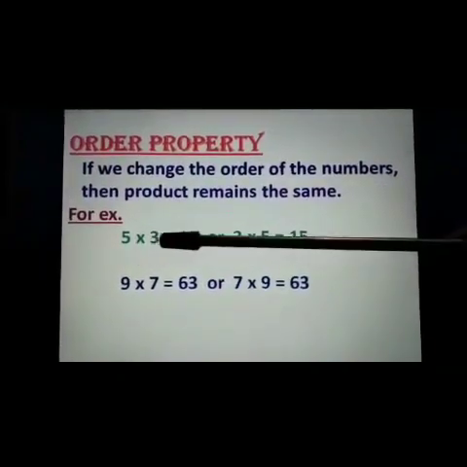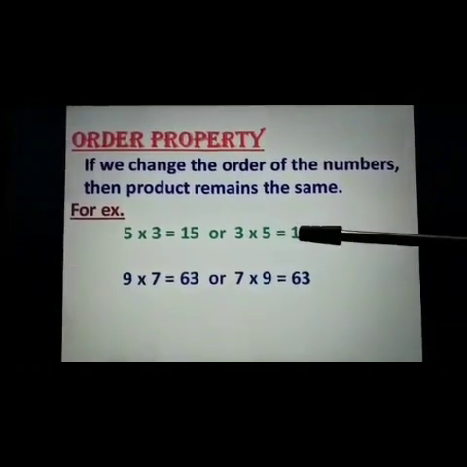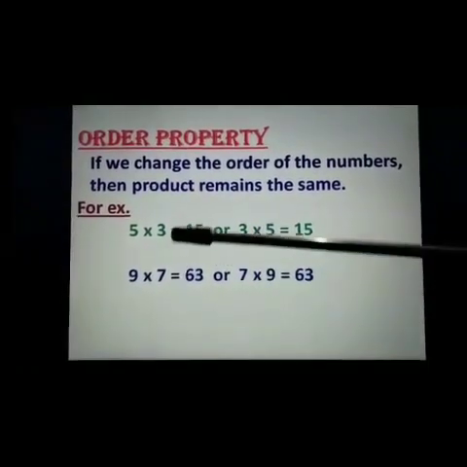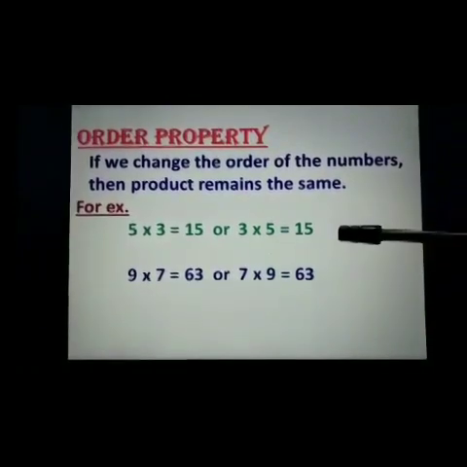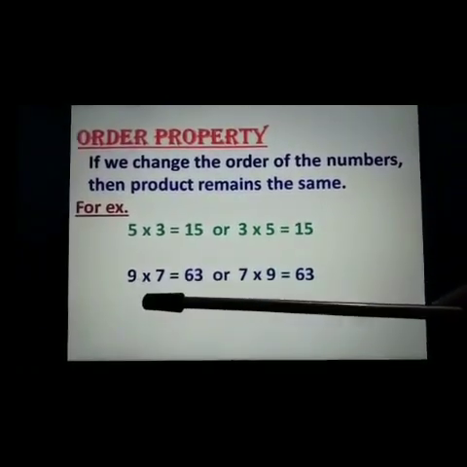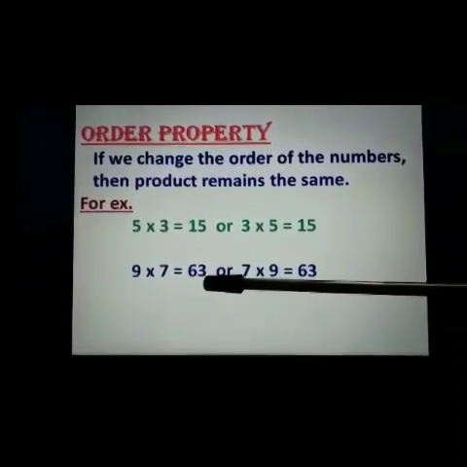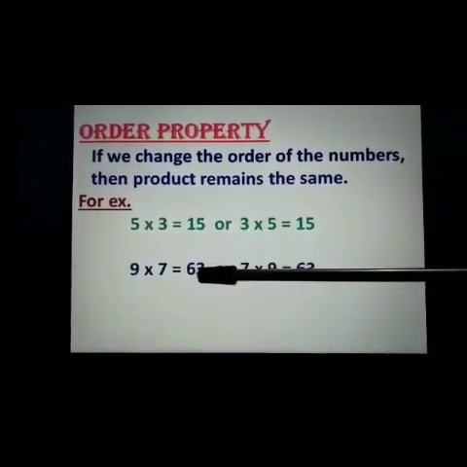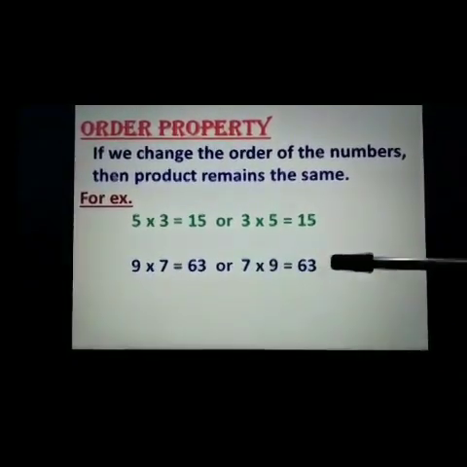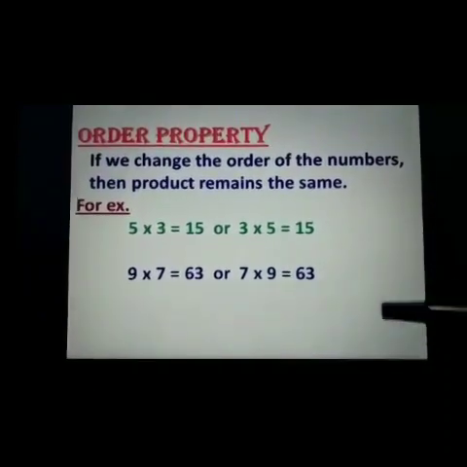For example 5 into 3 is equal to 15 and 3 into 5 is equal to 15. 5 3s are 15 and 3 5s are also 15. Same, 9 into 7, 9 7s are 63. If we interchange the order of the numbers, 9 into 7 here and 7 into 9 is also 63. That means the answer will be the same.